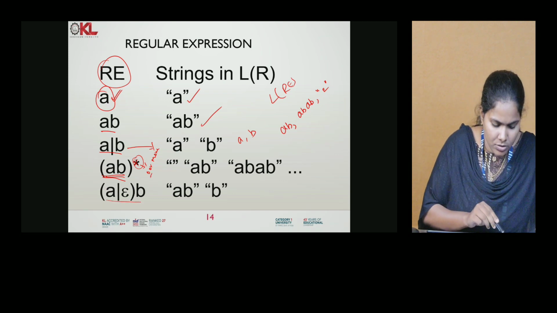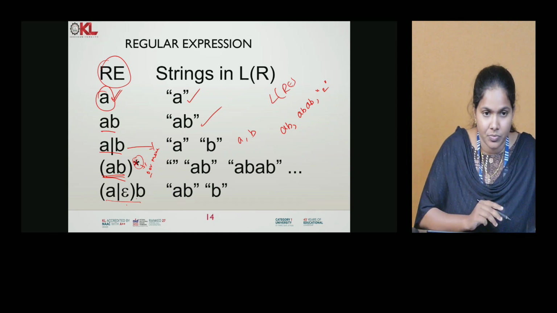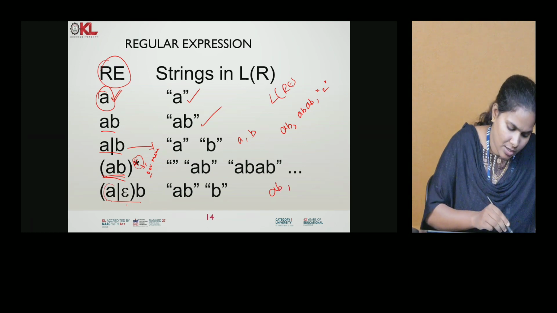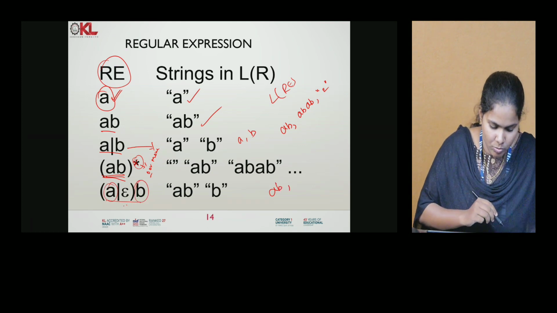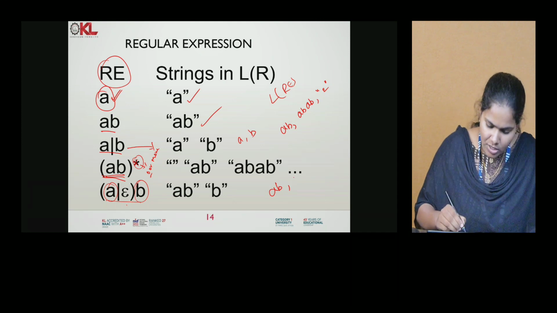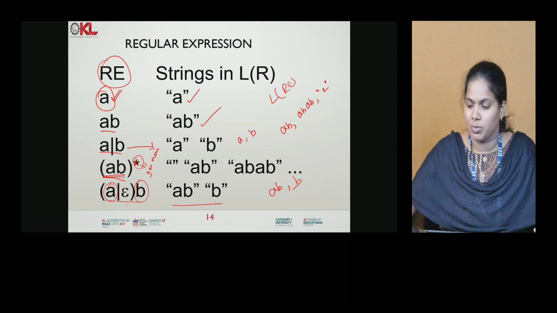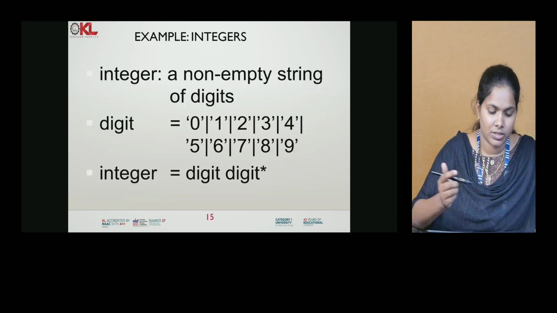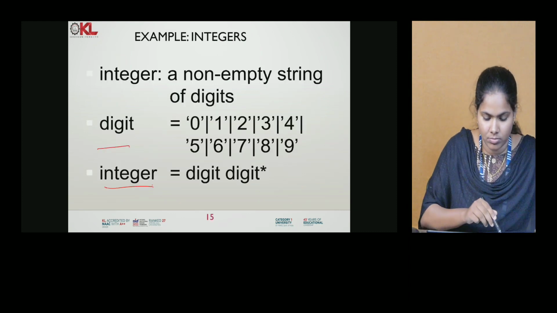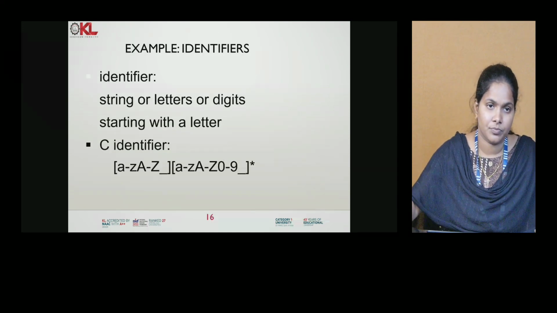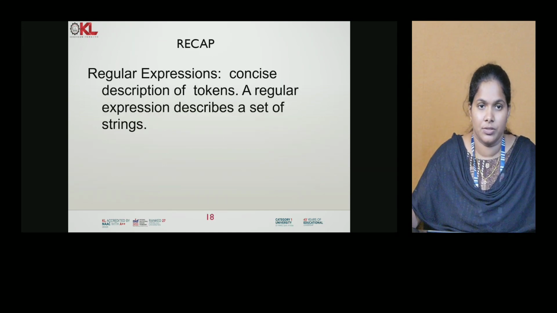And now here is another small example, (A or epsilon) B. Here you can have A, B, because I take A first and then B should be there, so AB, and the second one is B. So these are the strings that are in the language of these regular expressions. For integers and digits, these are some examples of regular expressions, right?